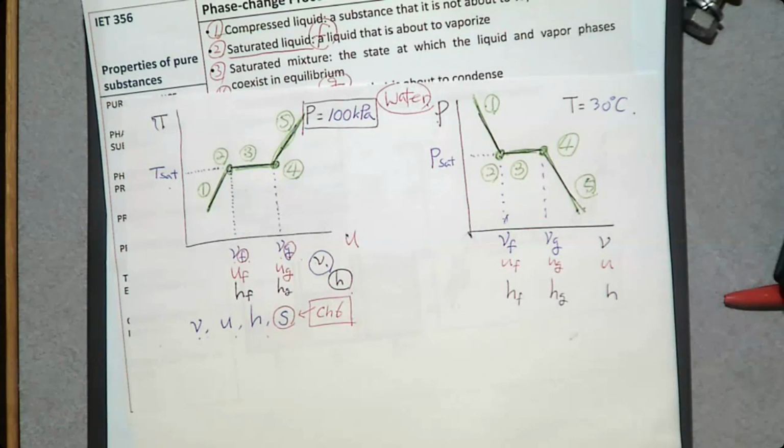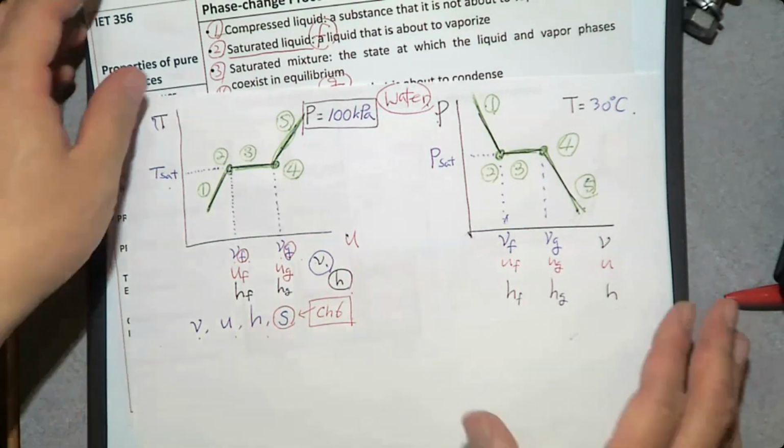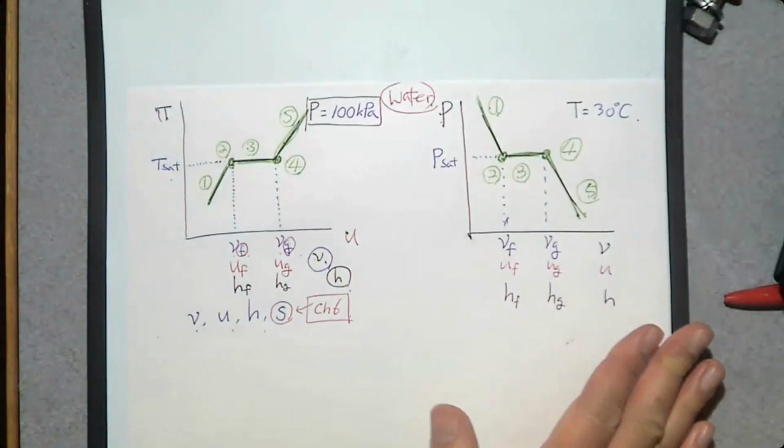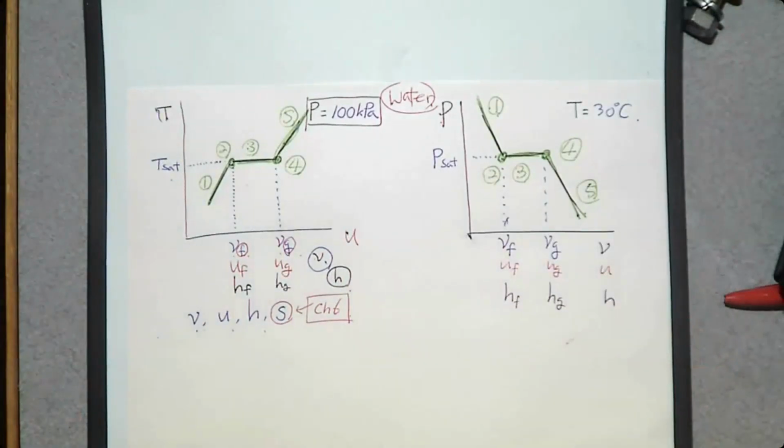Entropy that you will study later in chapter 6, not now. It's a little bit complicated, so you need to understand chapters 3, 4, 5 to be ready to study entropy. So that's everything about how to make the temperature diagram and pressure diagram.